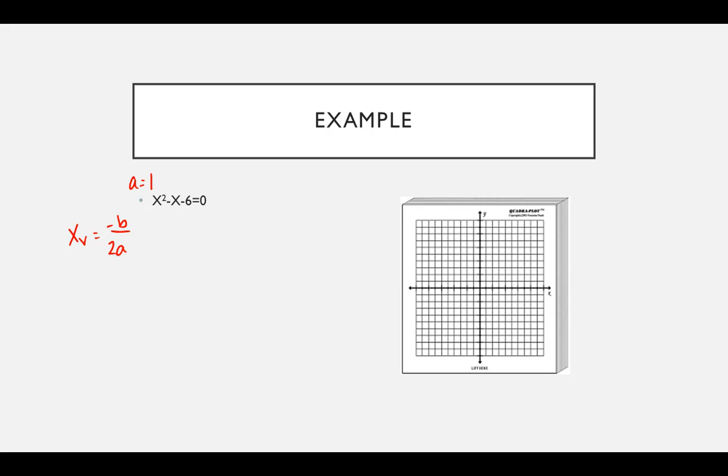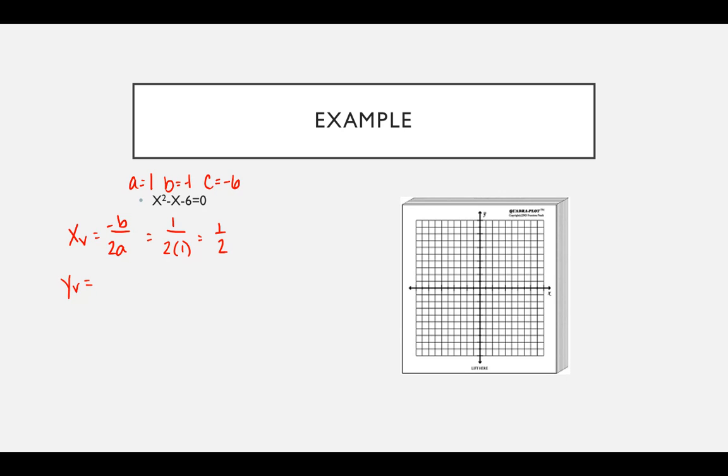Here, a is equal to 1 because it's a 1x squared. B is equal to negative 1 since it's a negative x. And c is equal to negative 6. So to plug into this, the opposite of negative 1 is going to be 1 over 2 times a, which is 1. So the x-coordinate of the vertex is 1/2.